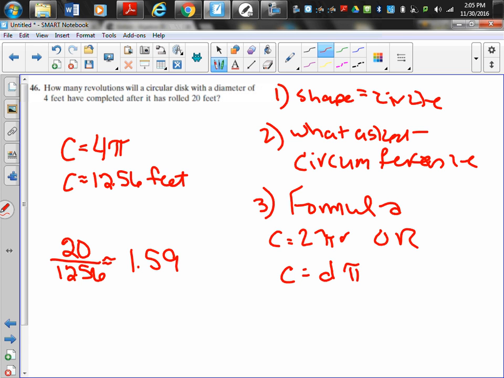And what's my label? What's it asking? How many revolutions? So 1.59 revolutions.